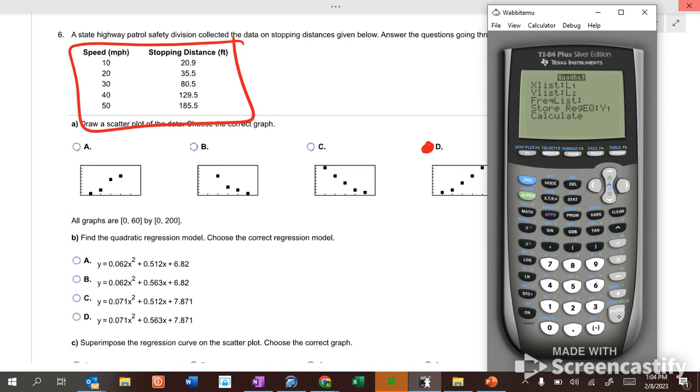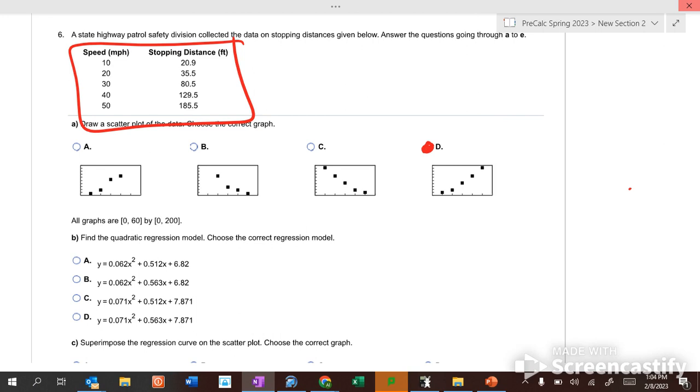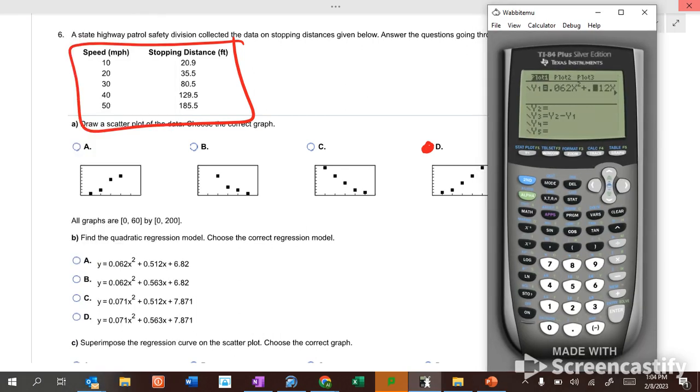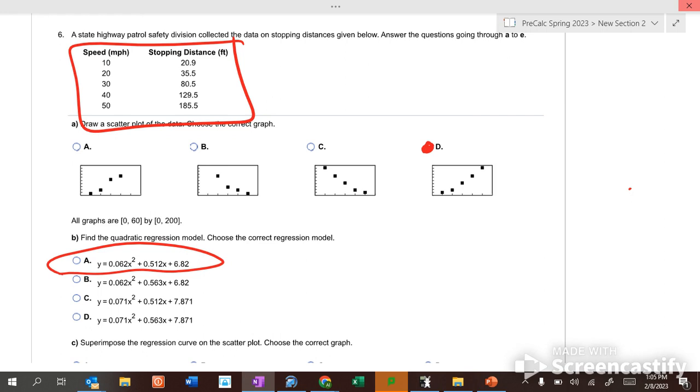And I'm going to calculate and hit enter. And it gives me this. And you're going, well, what is that? Well, it's one of these equations. And if you actually go to Y equals, there's your equation. We stored it into Y1, so it's sitting right there for us. So it is choice A.